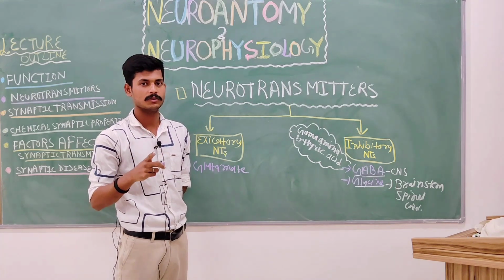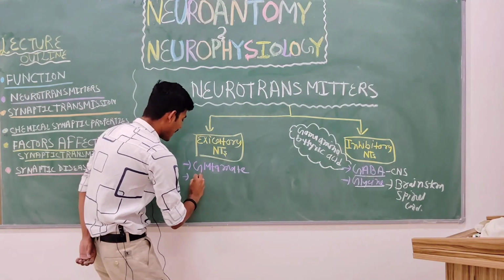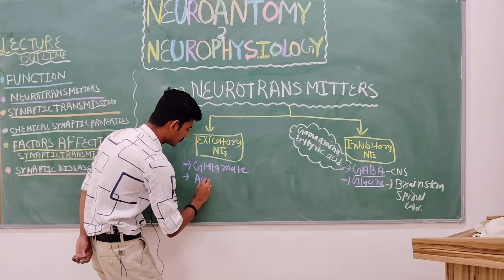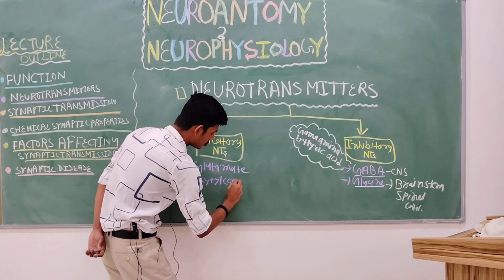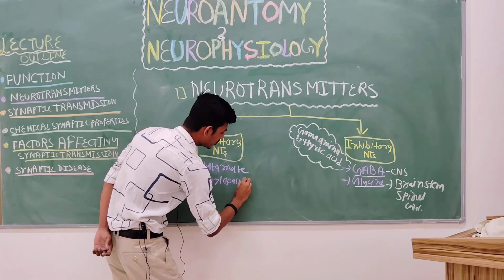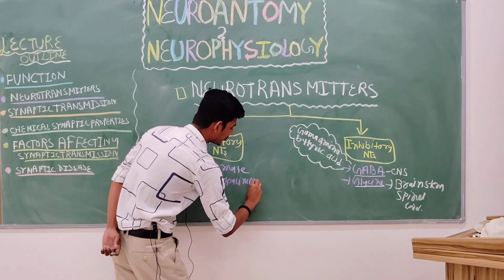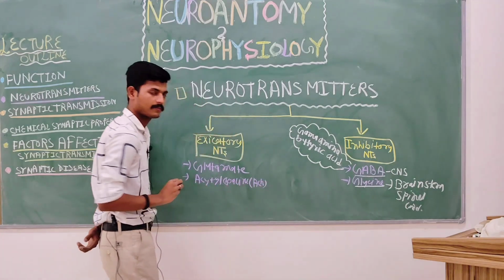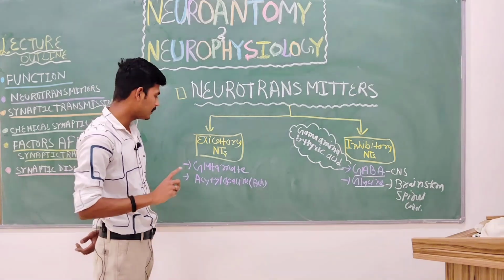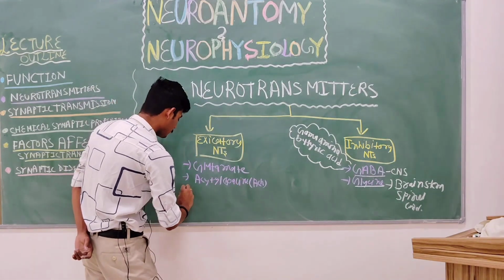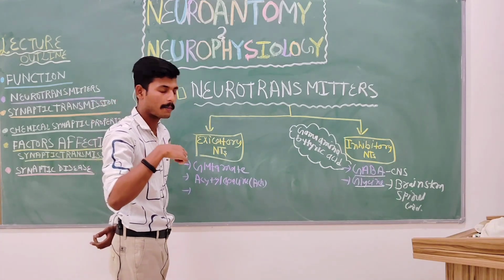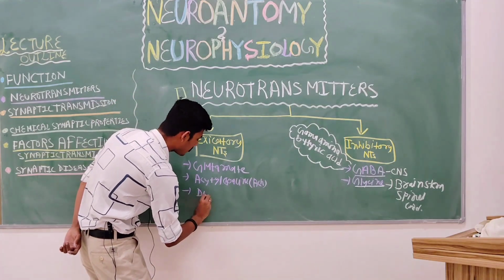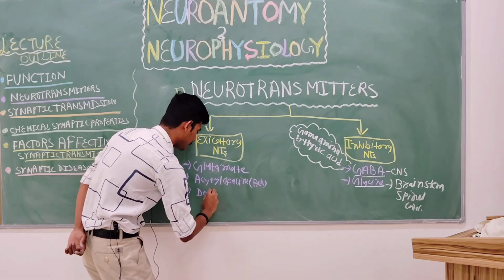Yeah, you already saw it, no? Very good. It's acetylcholine, or in short form we write ACh. Acetylcholine. Then we also depicted in our previous lecture the dopamine. Yeah, it's dopamine.